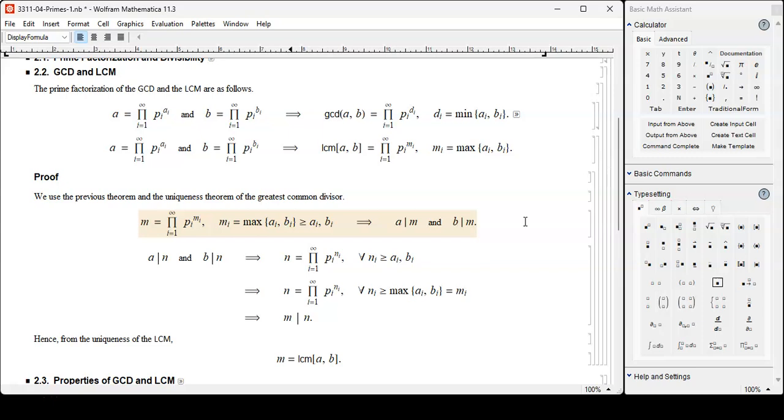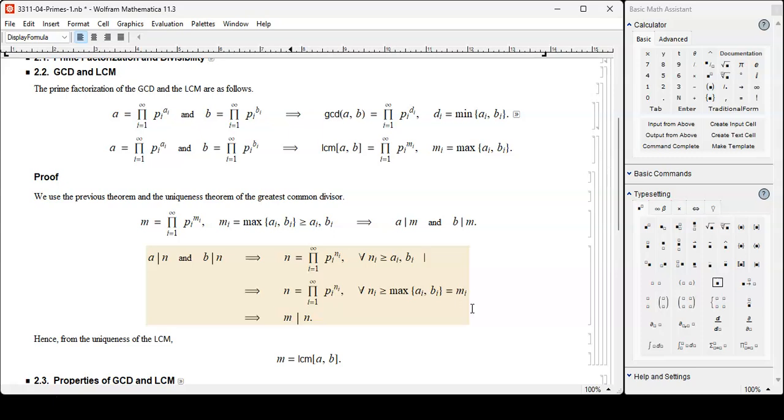Now the minimality. If there is another common multiple, say n, so n is divisible by a and also divisible by b, so ni, the power, is greater than or equal to powers ai and bi, both of them.